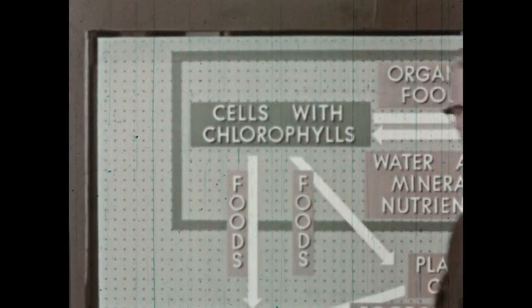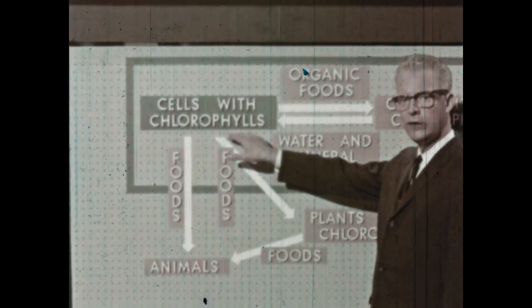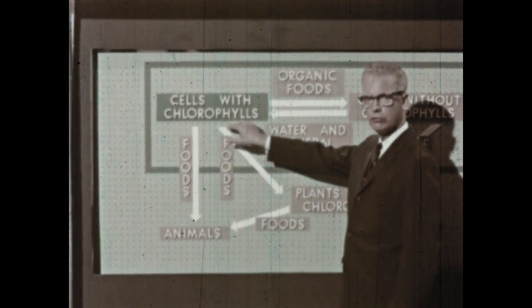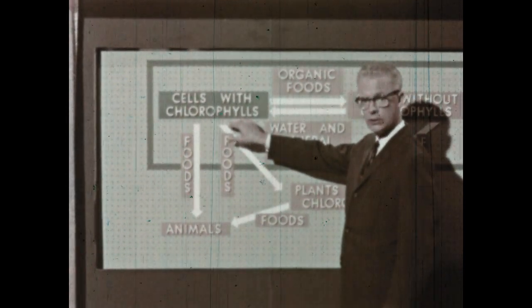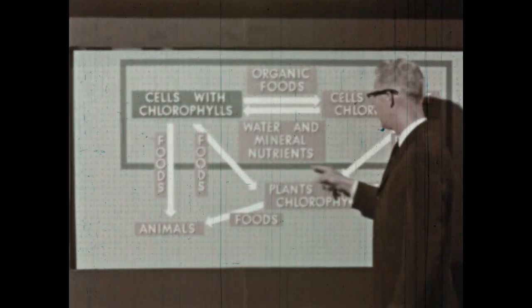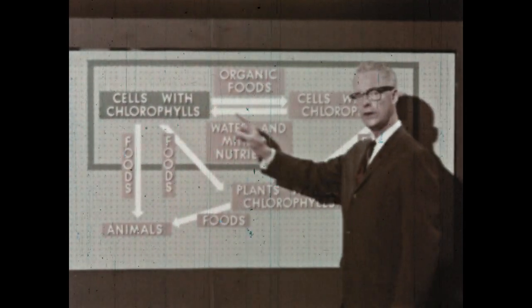These cells, trapping the energy of sunlight, manufacture the basic organic compounds which supply foods and structural materials for most other organisms.